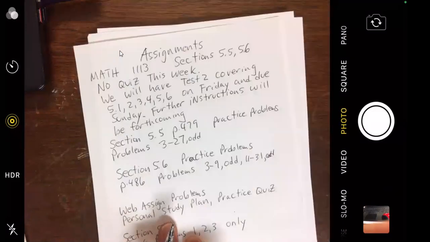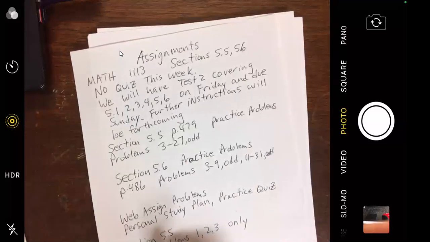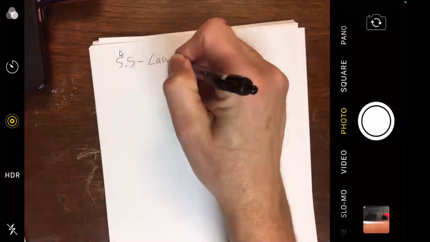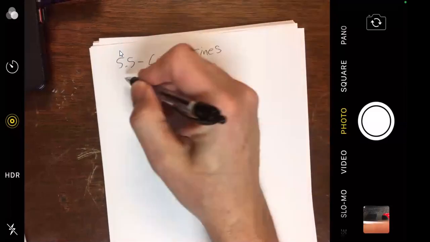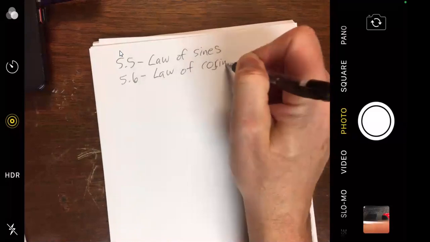There are 2 laws in trigonometry, due to sines and cosines. And so 5.5 is something called the law of sines. It's a little simpler. 5.6, the law of cosines. They're intertwined.